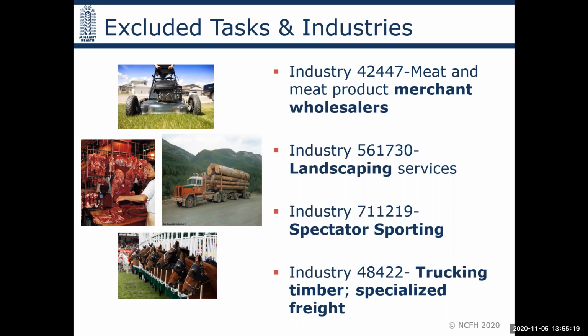The backstretchers, the workers who solely take care of the horses on the racetrack, would not be classified as ag workers because they would be considered part of that spectator sporting industry. But if an ag worker is working with the animal on the farm and then also helping on the racetrack, then if their primary job is on the farm, you can classify them, because you're not taking the racetrack part into consideration.